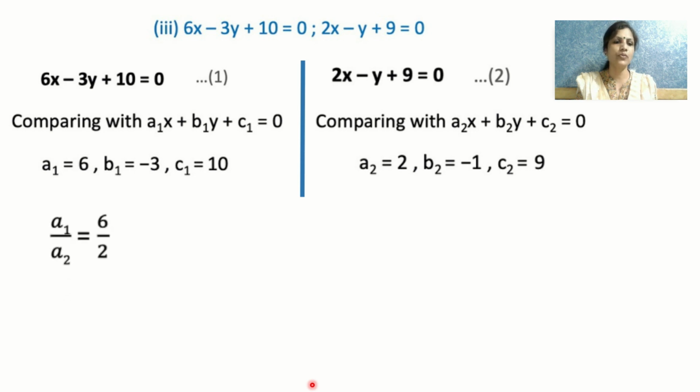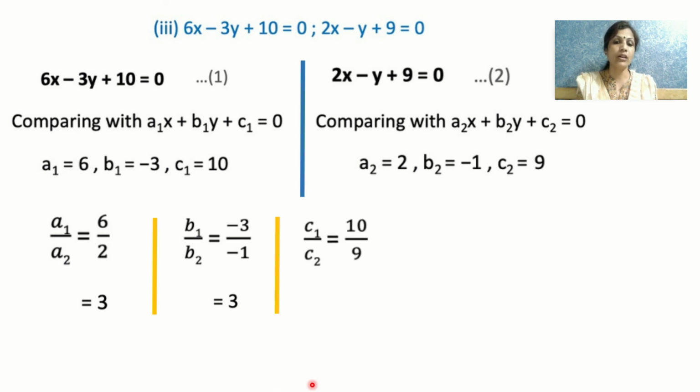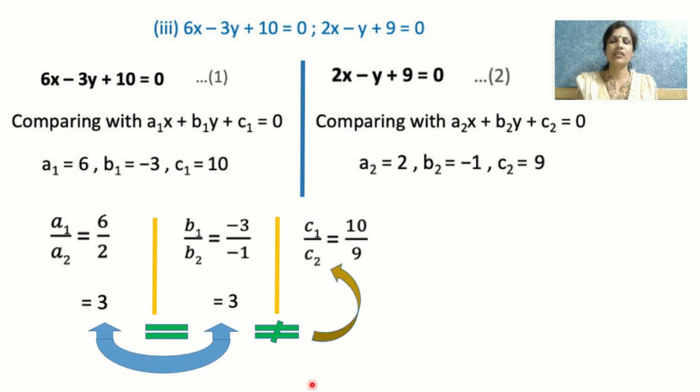a1 upon a2 is 6 upon 2, which is 3. b1 upon b2 is minus 3 upon minus 1, so that is also 3. And c1 upon c2 is 10 upon 9. So from these three ratios, we see that two ratios are equal to each other, but not equal to the third ratio.